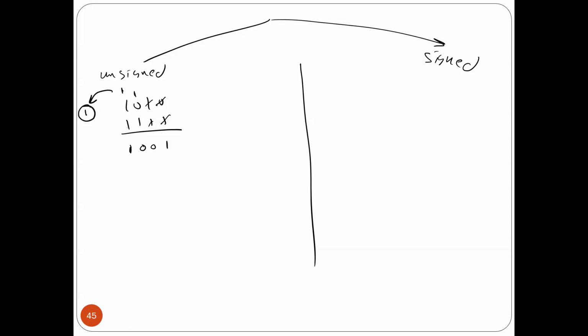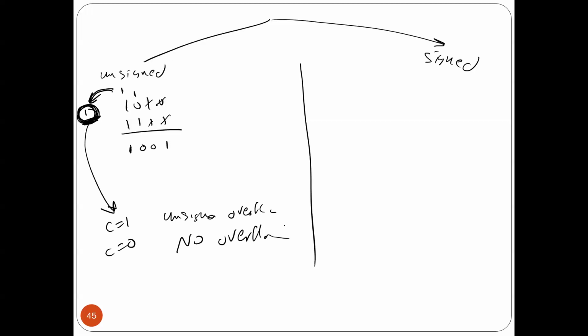If you have unsigned numbers and you do the addition this way, and there is a carry resulting from the most significant bit, if the carry is 1, that means there is unsigned overflow. If the carry is 0, there is no unsigned overflow.